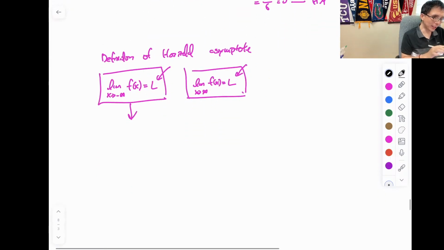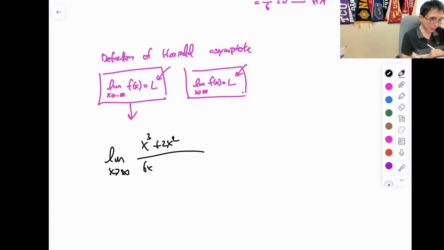There's one more case, if the top is larger. The limit as x approaches infinity of x to the third plus 2x squared over 6x squared plus 3x minus 1.